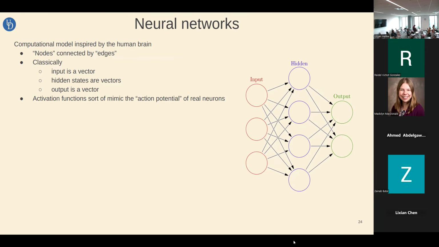But I think all of that is sort of even more confusing than what's actually happening in a neural network. In its most basic form, of course, the input is a vector, let's say, and these sort of middle hidden states at each step are a vector, and the output's going to be a vector, but what's in between those? And that's just the weights of the matrix. So there's these edges, and the operation is a matmul.